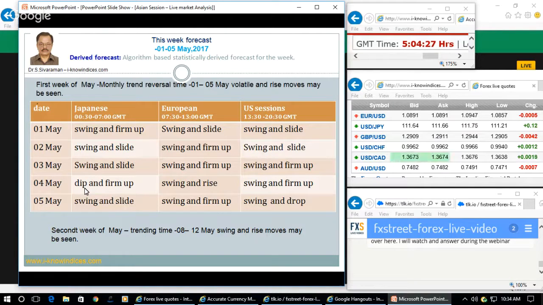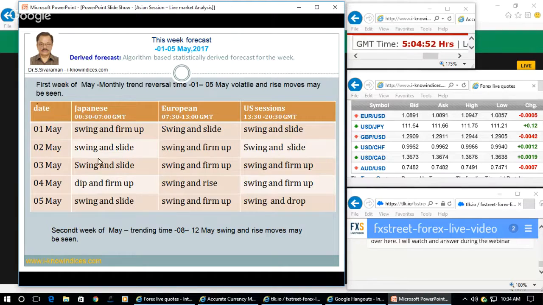Then Thursday, 4th of May, they are expected to make a dip and firm up move, followed by a rise and firm up, before making the slide on Friday, a nominal firm up before the non-farm payroll, and then drop the market after the non-farm payroll.